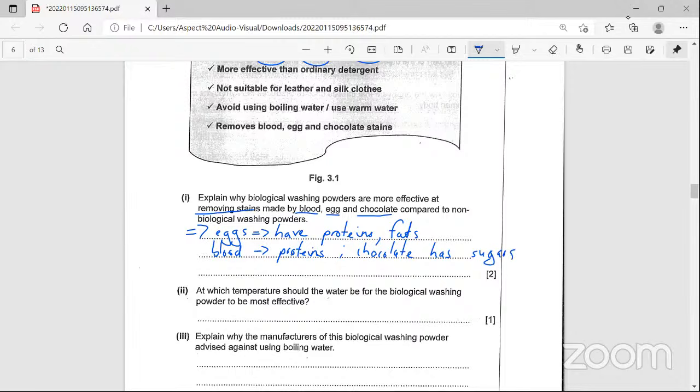Right. So now you mention that your biological washing powders contain the enzymes required to break these down.